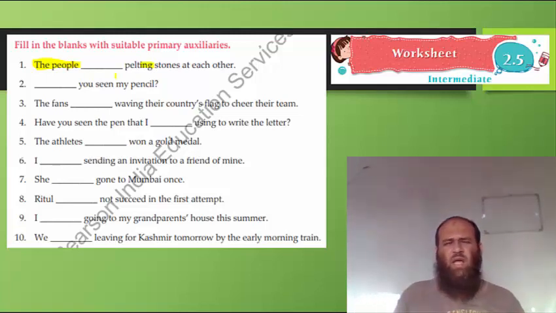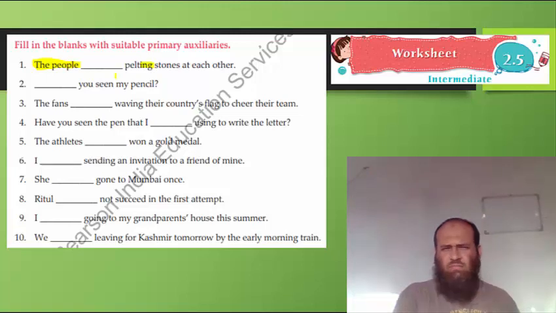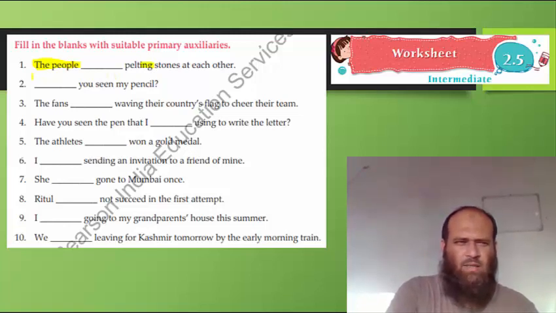So the people were pelting stones at each other. Now, have you seen my pencil? It becomes easy for you to understand. Have you seen my pencil? Yes. So we can have auxiliaries here.